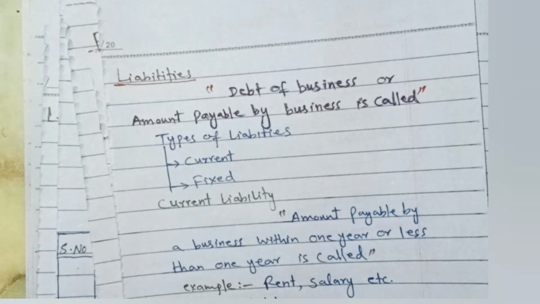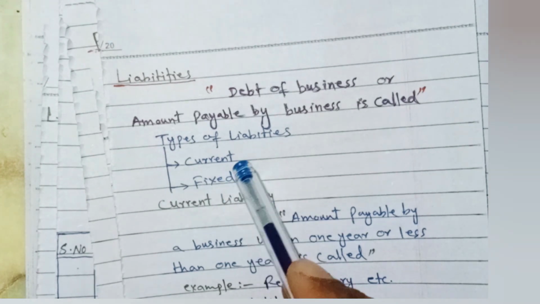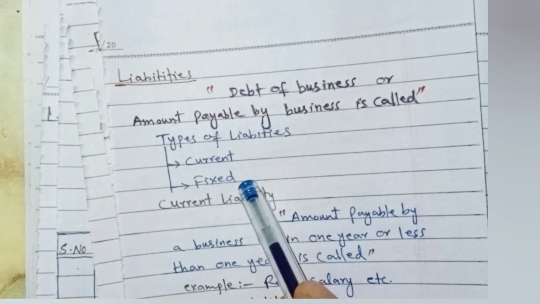In simple words, how much amount business must pay to another party is called liabilities. How many types of liabilities? There are two types of liabilities, current liabilities and fixed liabilities.